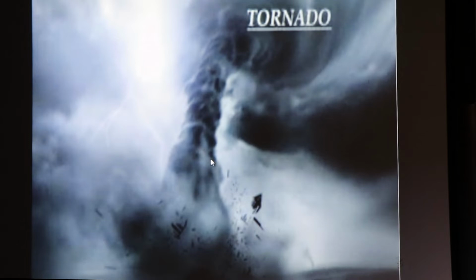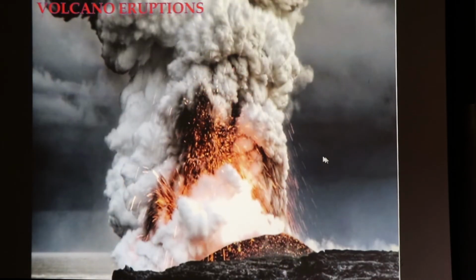This picture displays a tornado. A tornado can be strong enough to destroy large buildings, leaving only the bare concrete foundation. Another natural disaster is volcano eruptions, where large amounts of lava come from the bottom of the ground to erupt to the surface.